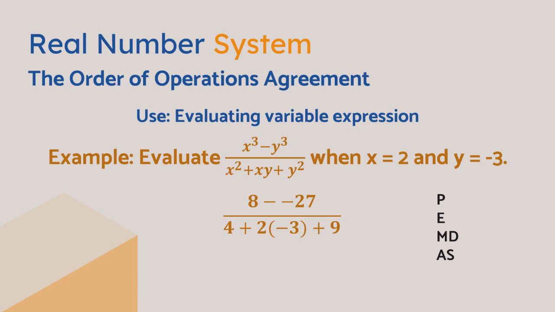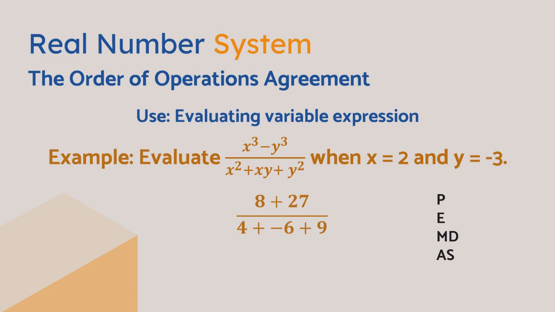Now we can proceed with the multiplication first. MD, we have 2 times -3 equals -6. And then we can perform the addition and subtraction. So we have 8 minus -27 all over 4 plus -6 plus 9. We can simplify first.